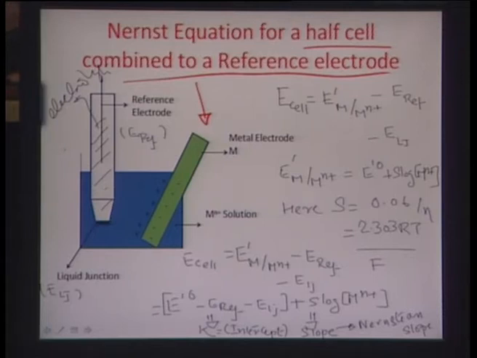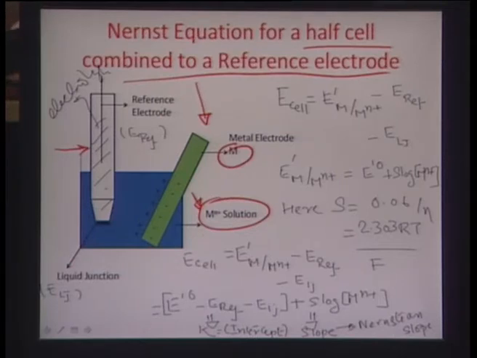So, you have some kind of a reference electrode with respect to which you would like to measure the interaction between the metal getting into the solution as the oxidized metal M n plus. Okay.